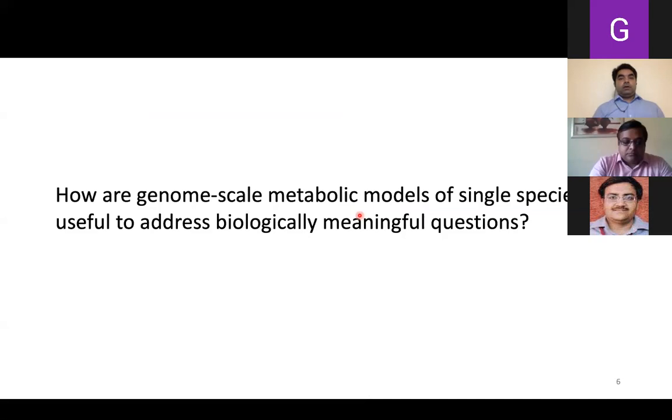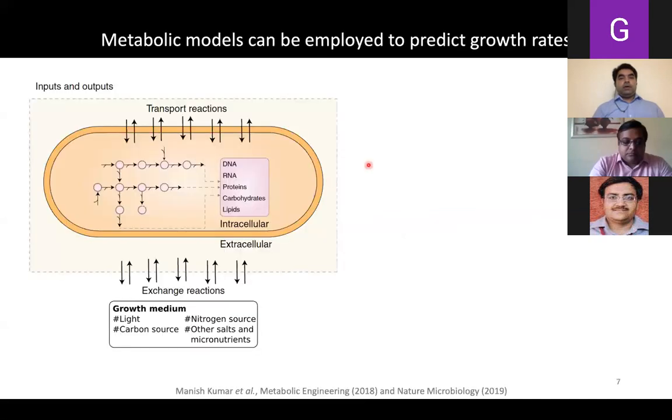One important application of these models is to predict growth rates under different growth conditions. Simulating growth using a metabolic model is like how we grow cells in the laboratory. We pour media into conical flasks and then inoculate cells to grow them.